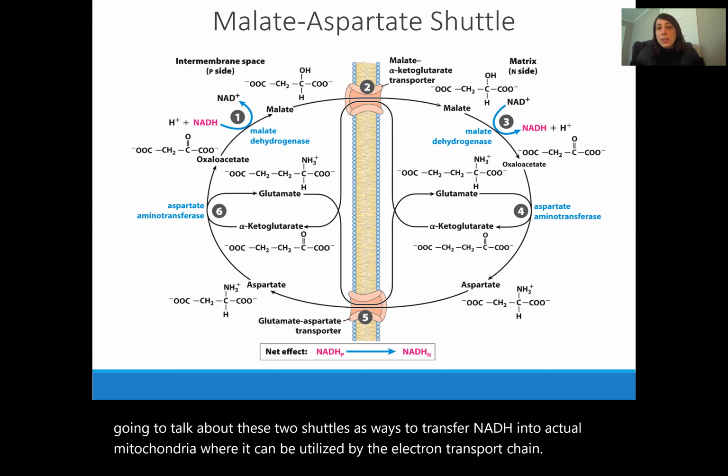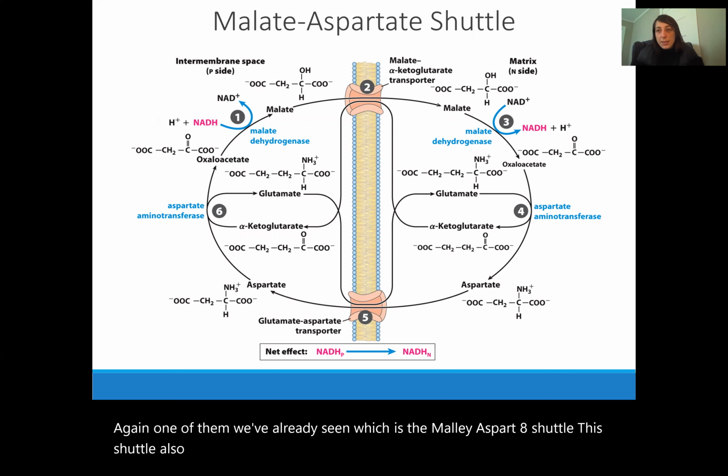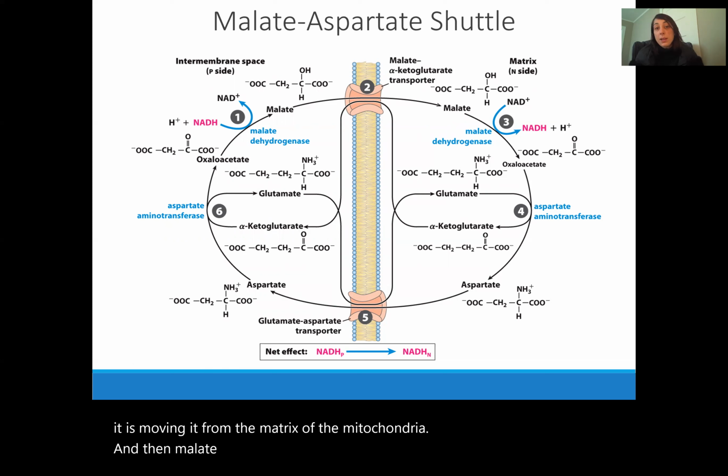Again, one of them we've already seen, which is the malate aspartate shuttle. This shuttle also is used to just move metabolites, right? It is taking aspartate and moving it from the matrix of the mitochondria. And then malate can move into the matrix of the mitochondria through a different transporter.